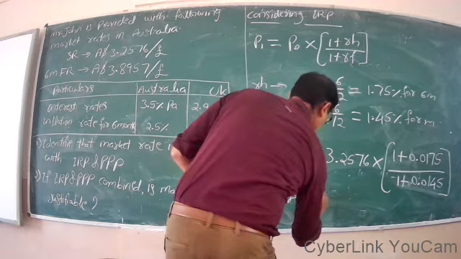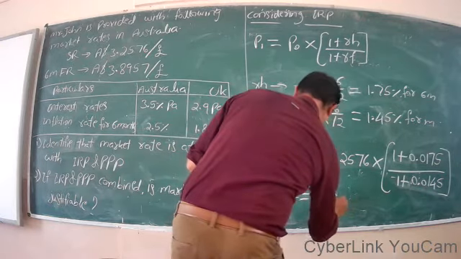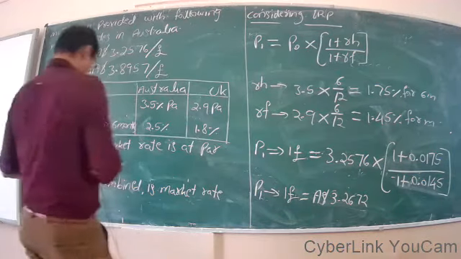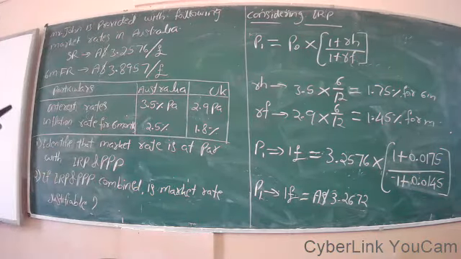To simplify this, P1, the new exchange rate for 1 sterling pound, is Australian dollar 3.2672. So calculate once again whether I'm correct or not. 3.2672, right answer.